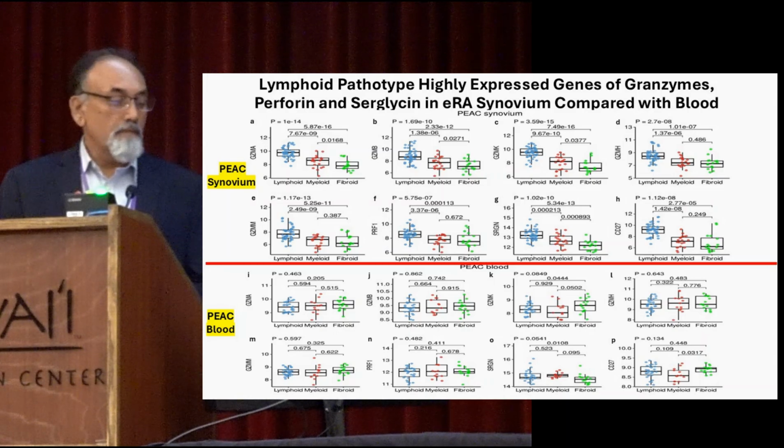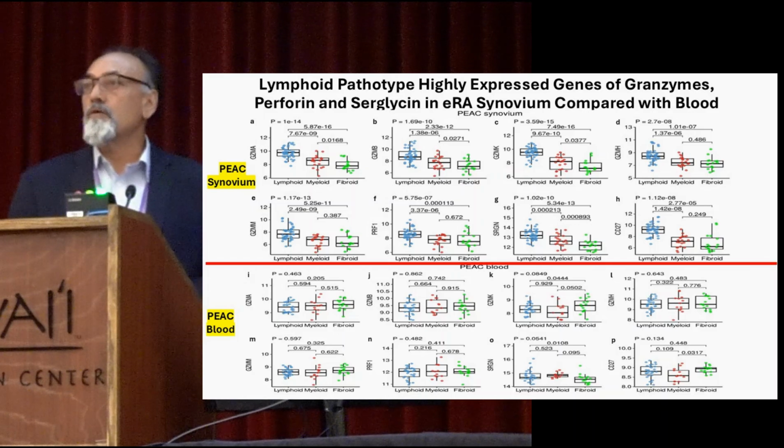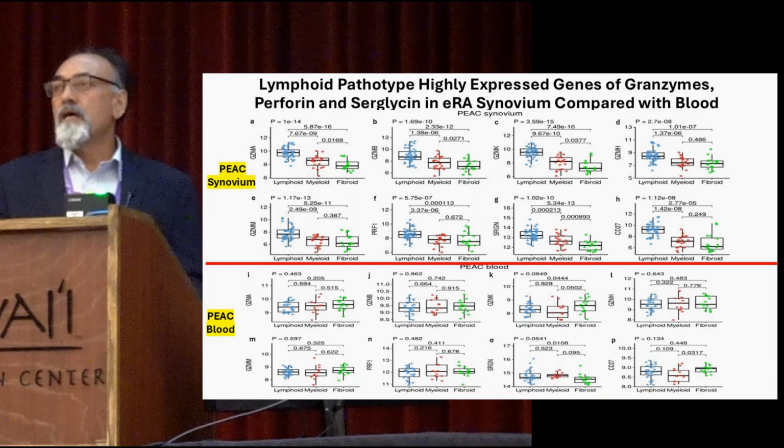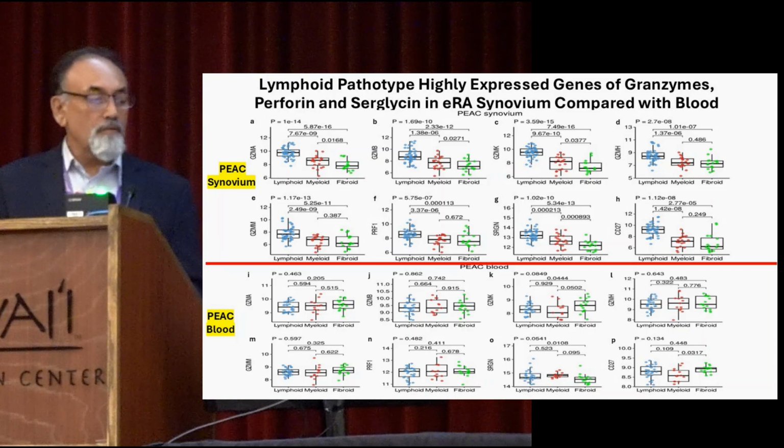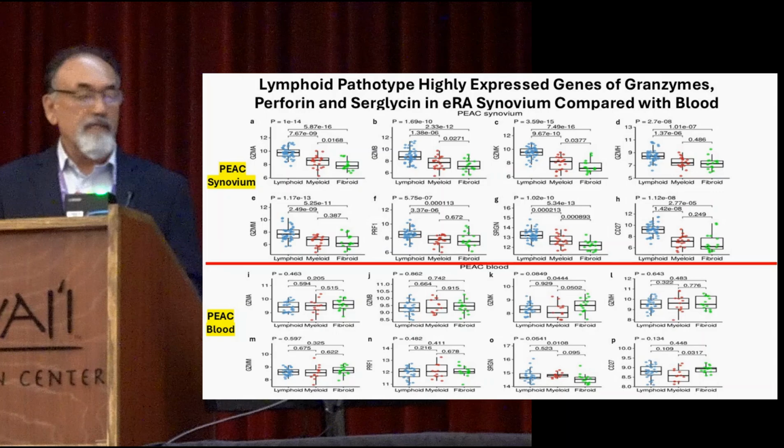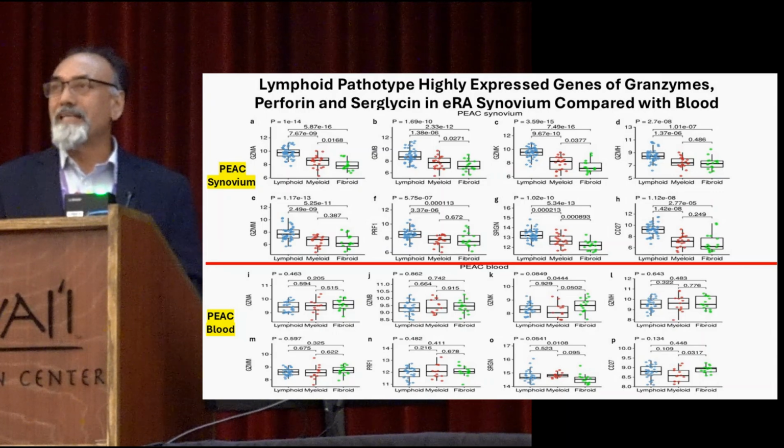On the other hand, in blood, we do not see any difference in the expression or upregulation of these genes, perforin, serglycin and CD27. So these data clearly show that the expression is more local as compared to a systemic effect.